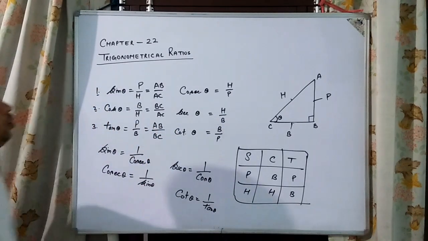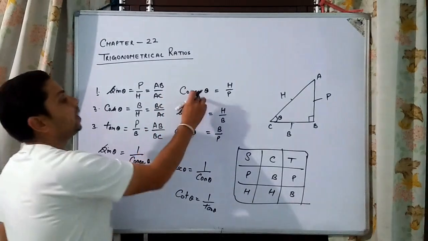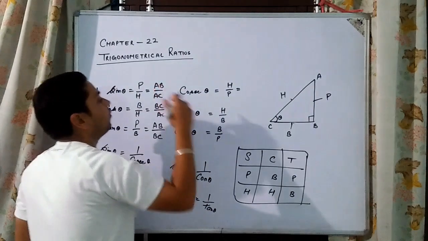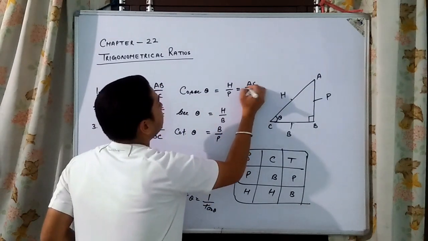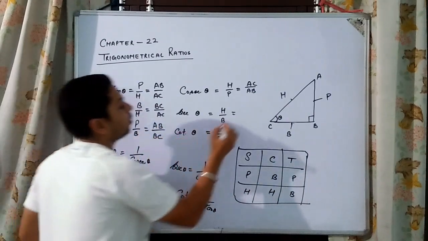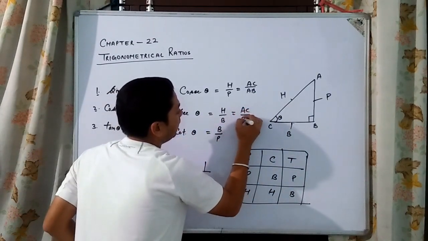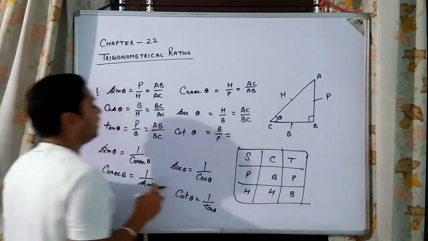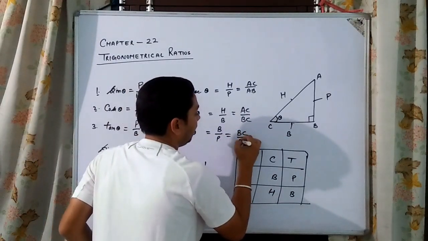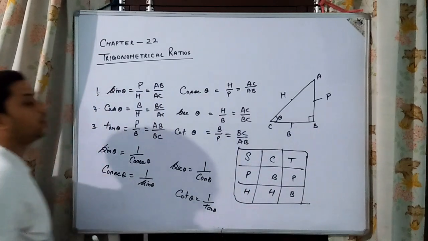AB over BC. Similarly, we have cosecant of theta. Cosecant of theta can be written as, again inverting it, AC upon AB. Secant is AC upon BC, and cot will be equal to BC upon AB. BC upon AB.